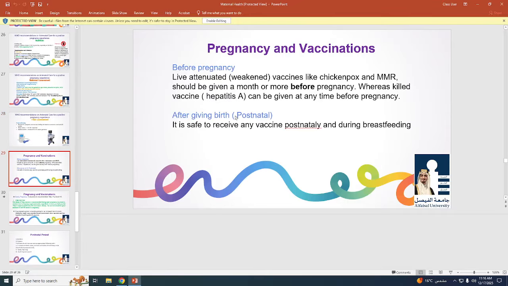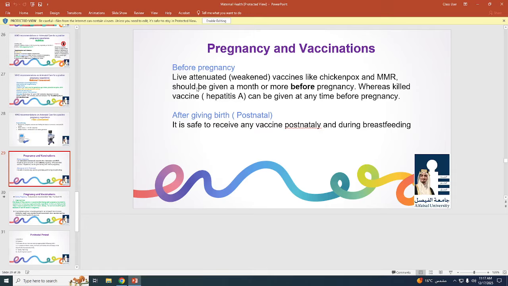Okay, vaccinations are very important, before pregnancy and after pregnancy. Before pregnancy, pay attention that live attenuated vaccinations cannot be given during pregnancy, and cannot be given even a year before the woman becomes pregnant. At least we need to wait 1 month after giving her the live attenuated, only live attenuated.